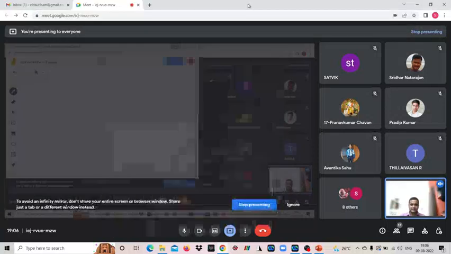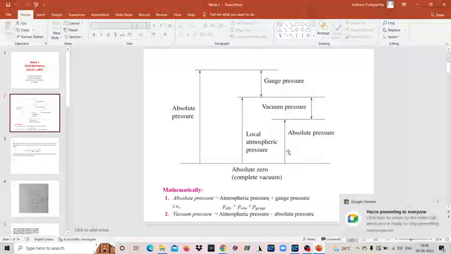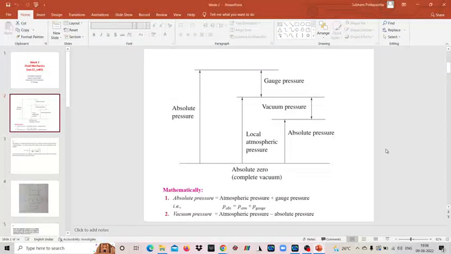But for practical purposes, we make use of manometers, and we need some reference for measuring pressure. So what is that? The baseline for measuring pressure is the absolute zero, which basically refers to complete vacuum. At absolute zero, there is no air, so it is complete vacuum.